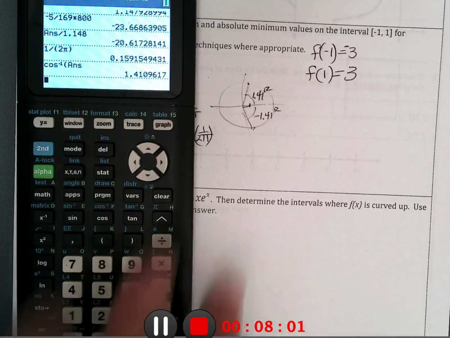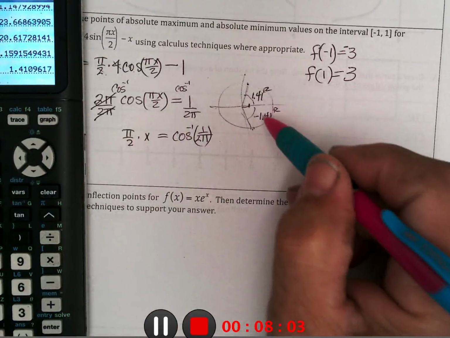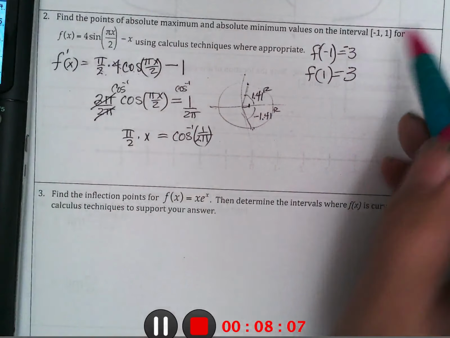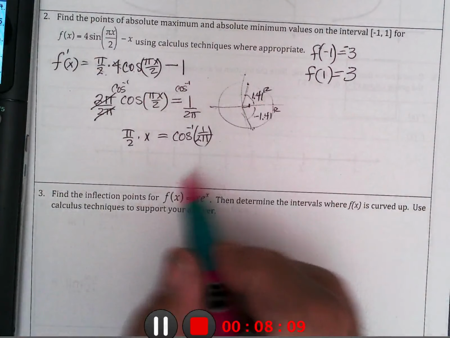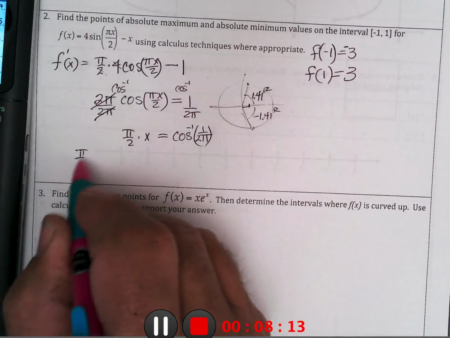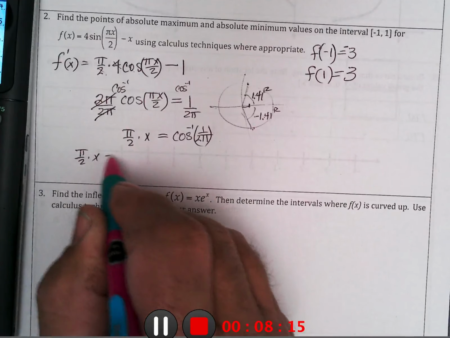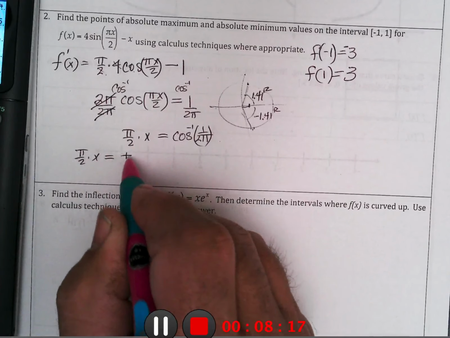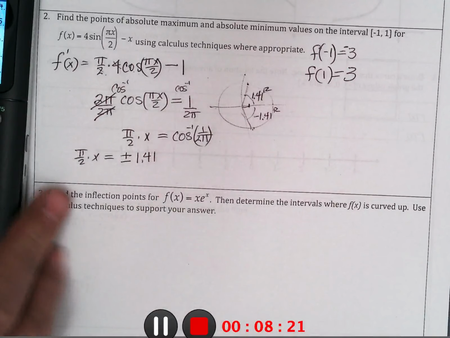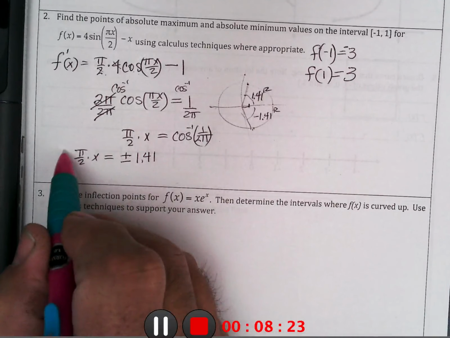Now, it's not these that have to be between -1 and 1, it's x. So we've got to take these two answers, pi over 2 times x has to equal either plus or minus 1.41. So I have to multiply both sides by 2 over pi.